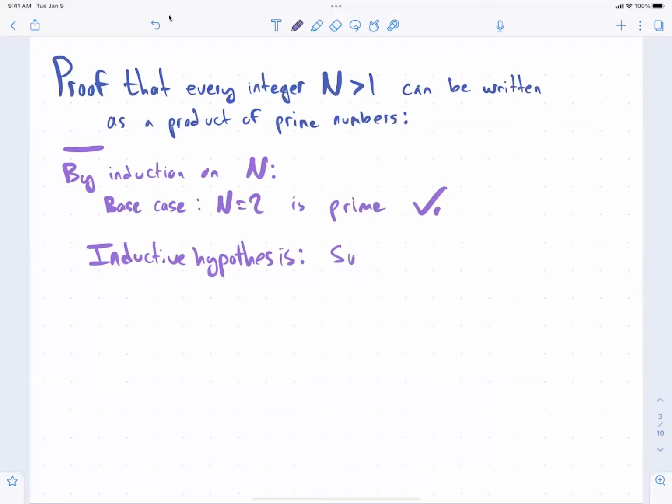So suppose every number from 2 up to n can be written as a product of prime numbers.